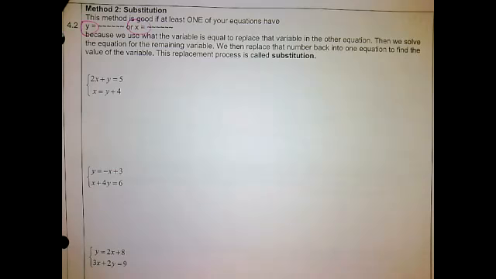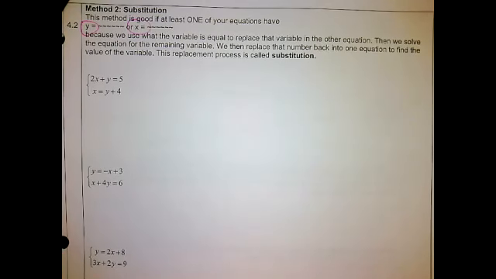So if we have at least one equation where it's a y equals or an x equals, we're going to use what's called substitution. The reason we can't always graph is because if we get fractions or decimals, our graph will not give us an exact answer. And in math, we really want an exact answer. If we're launching a rocket into space and we're a little bit off, that's going to cause our rocket to explode, right?